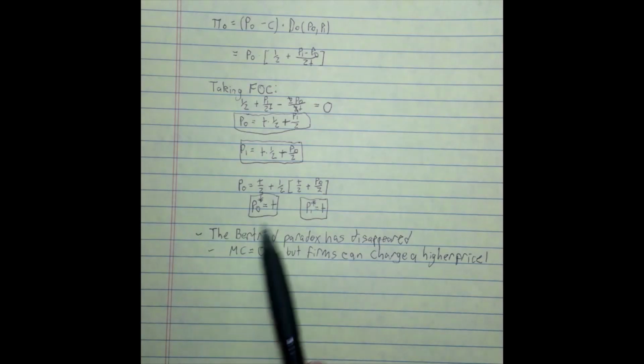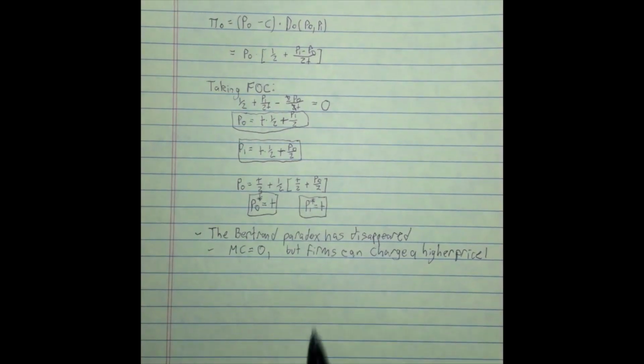But note that if travel costs are 0, like Chick-fil-A on campus is right next to Chick-fil-A on Broad, so we have two exact same products, then yeah, we're back into this world of Bertrand where firms can't price above marginal cost.